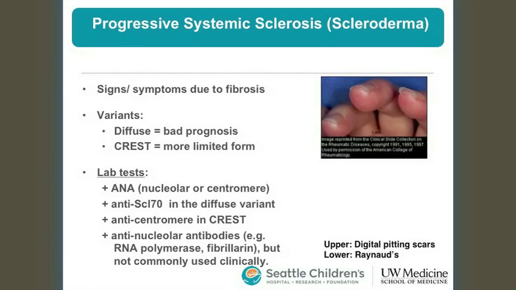And what's interesting with Scleroderma is that many patients with Scleroderma do not have a positive ANA, even though it's in the criteria. The sensitivity starts to drop. So whereas the sensitivity of the ANA test for lupus is in the 90s, in Scleroderma it drops down into the 70s. So there's plenty of ANA-negative Scleroderma. In the worst variant, you see anti-SCL70 topoisomerase antibodies, and then the anti-centromere in the better variant.